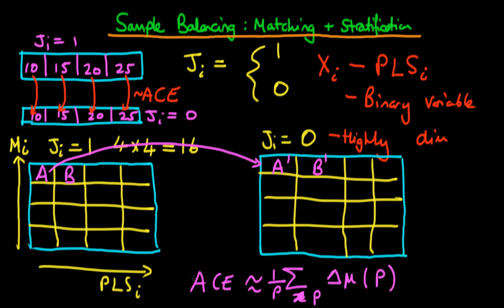One of the dangers is that if we're dealing with data which is more highly dimensional, so perhaps we're dealing with 3, 4, 100 different covariates, then each of these different cells which we stratify our sample over are going to get smaller and smaller within our treated population. So when we're dealing with highly dimensional data, there may not actually be anyone who sits within that exact same cell within the untreated population.